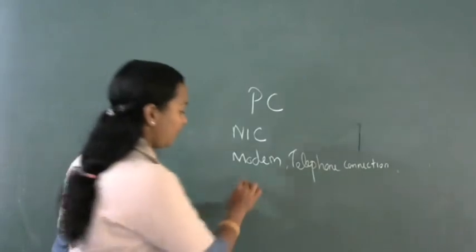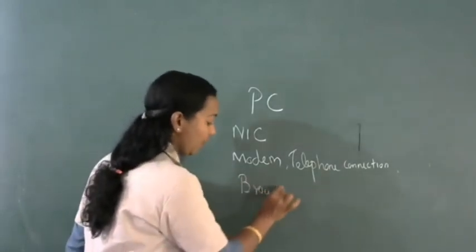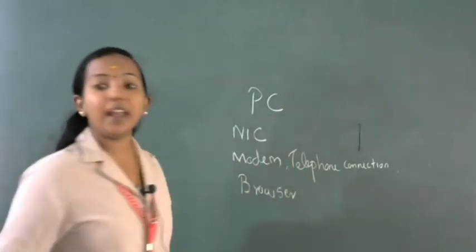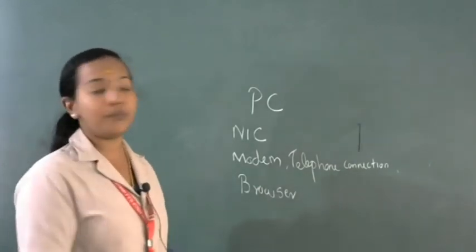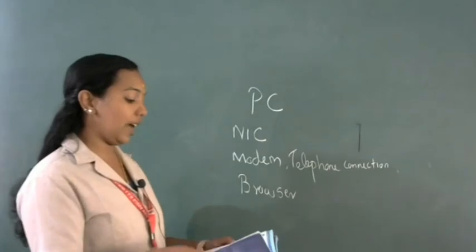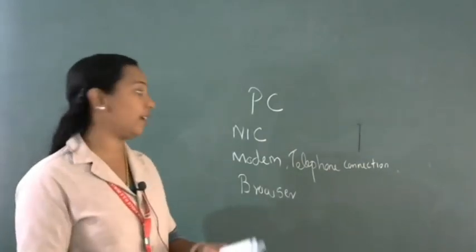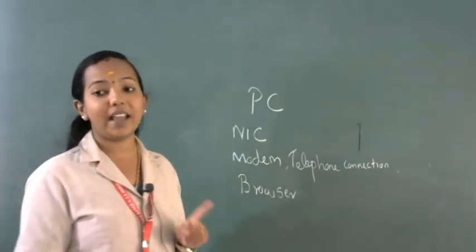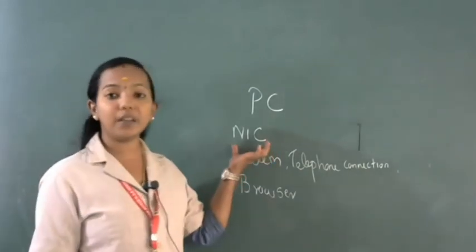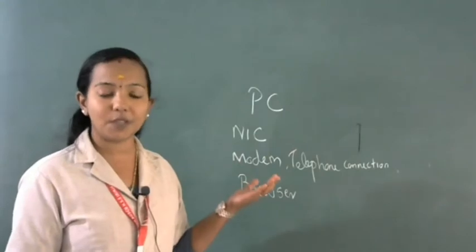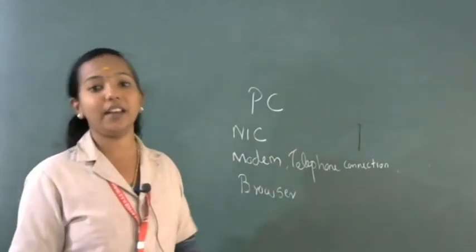After that, we need one more software, that is called a browser, any web browser. So what are the components required to directly connect that PC to internet? First we require one NIC card, network interface card. The network interface card is an intermediate between the computer and the internet.